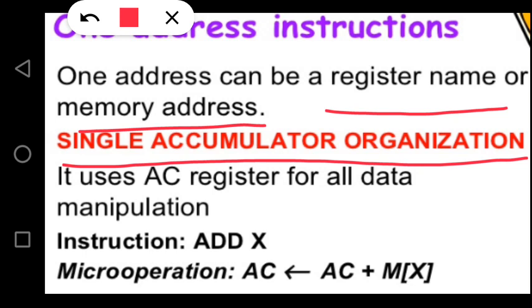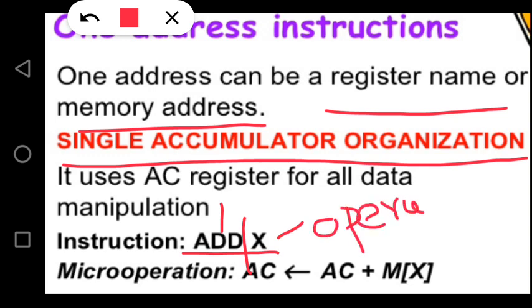But in the instruction, you are mentioning only one operand. Where would the second operand be? You understand that by default, the second operand will be present in a particular special register called accumulator. So it uses the AC register, the accumulator register, for all data manipulations. The example is add X. Again, this is an instruction divided into two parts: this is the opcode, and this is the operand. It has only one operand.